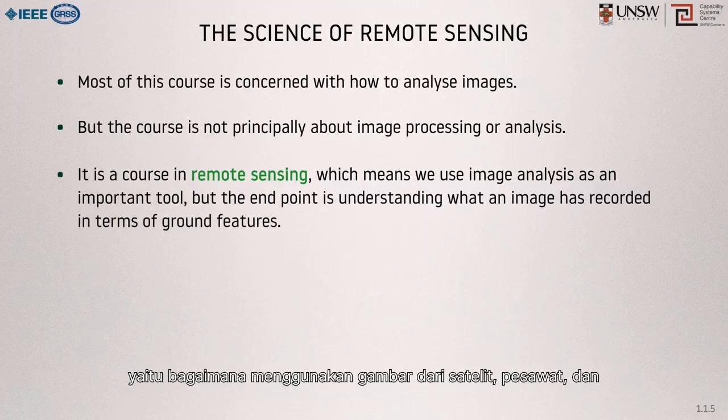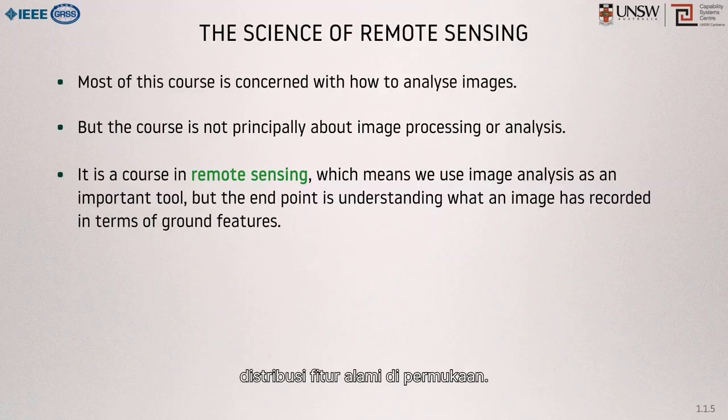That is, how we can use images from satellites, aircraft and drones to help us understand what is on the landscape below the platform. We might be interested, for example, in the distribution of natural features on the surface. We might want to understand how the landscape is being managed. We might want to estimate the areas of crops and forests. We might be interested in mineral exploration and geology. We might just want to understand how the landscape evolves with time.